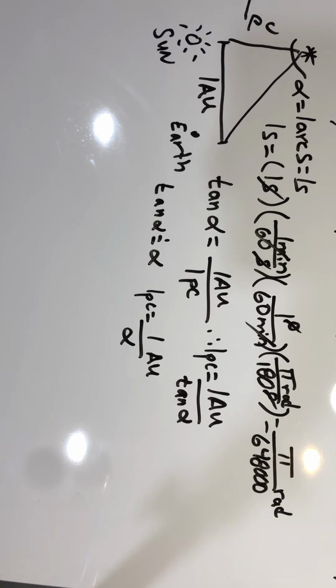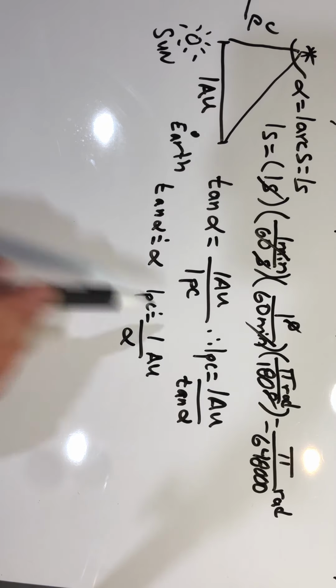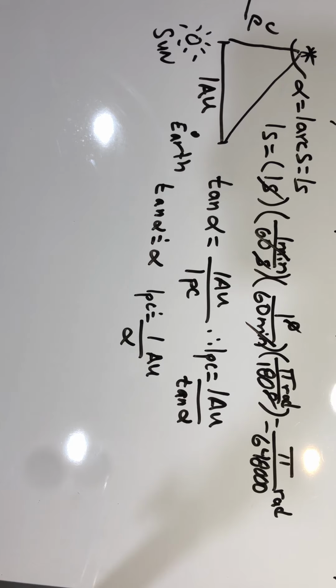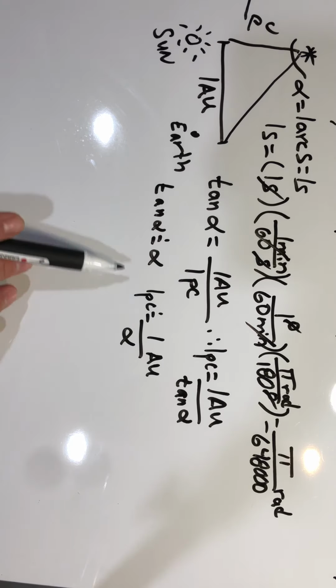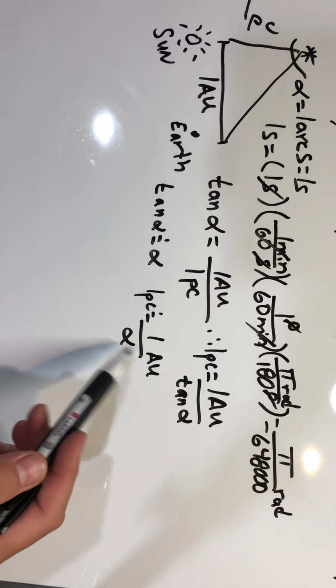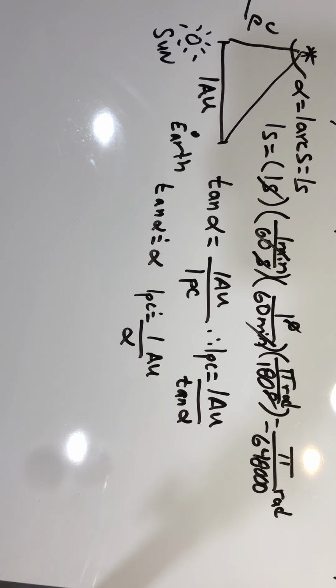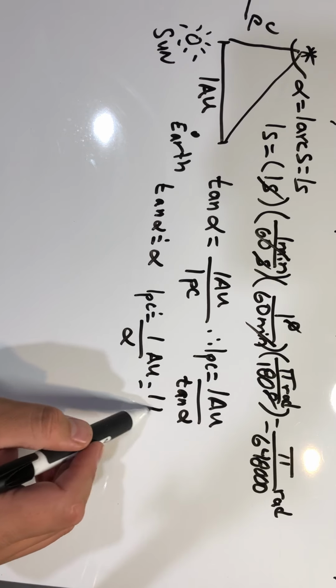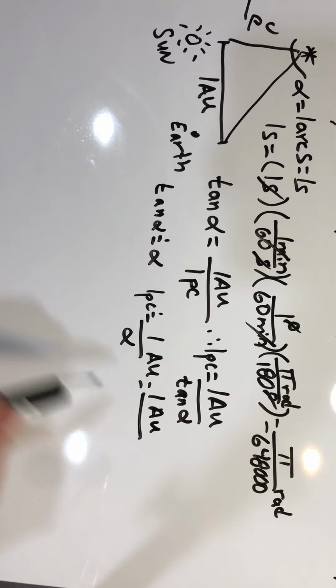And I know that it's an approximation. 1 parsec is approximately that, but it was chosen in 2015 that the definition of parsec was going to be this division, this fraction. By definition, it is going to be this result. And what is that result? Well, it's going to be 1 astronomical unit divided by alpha.